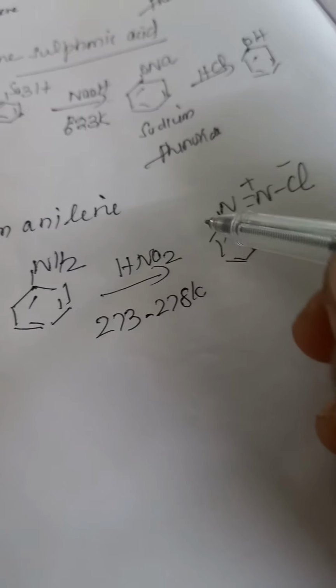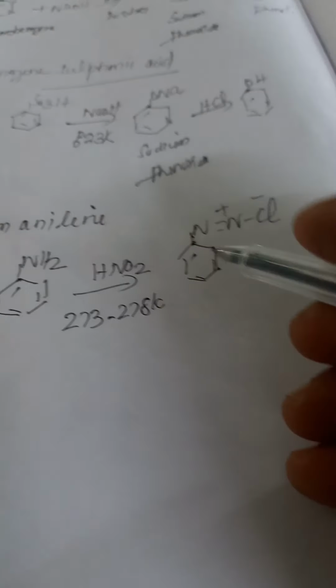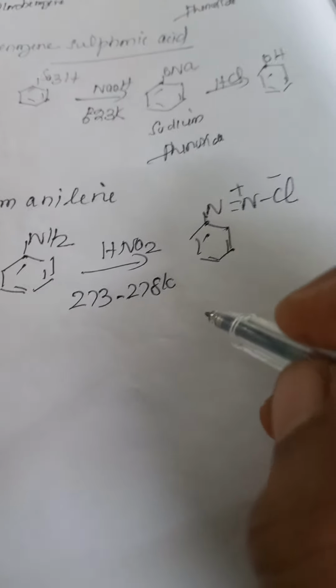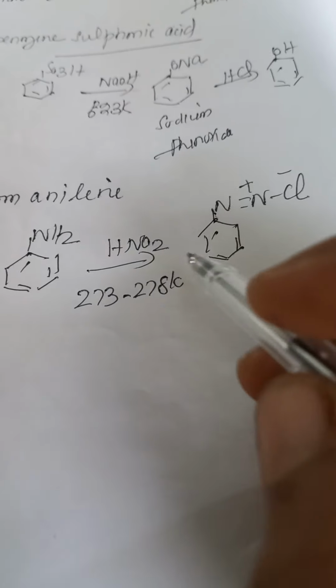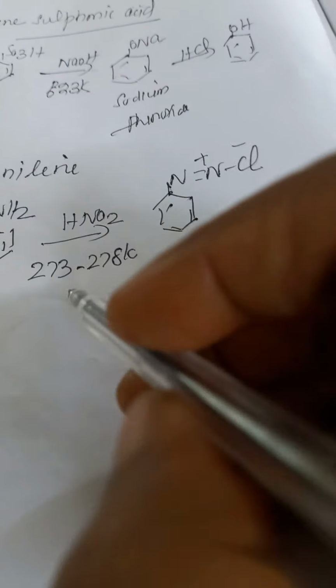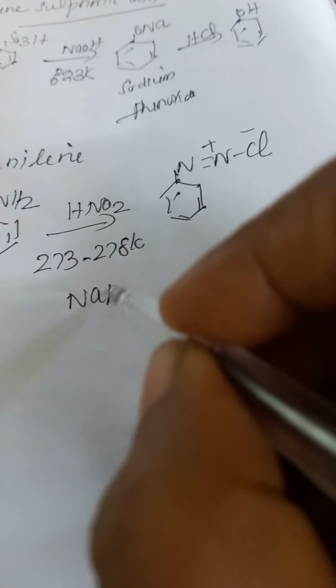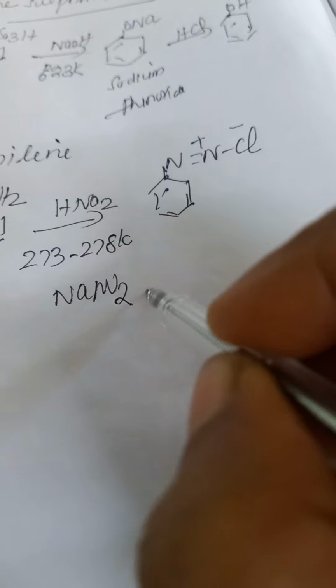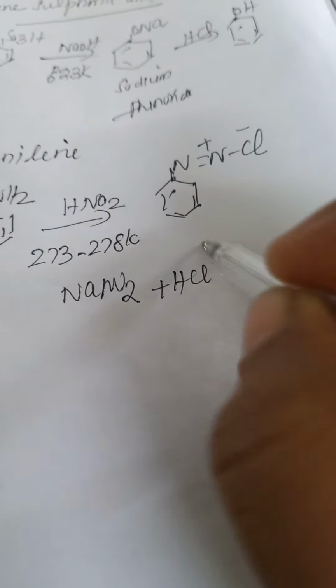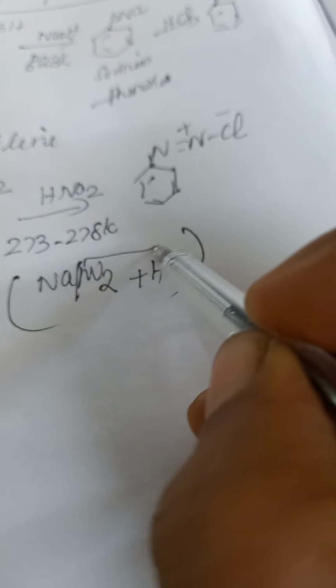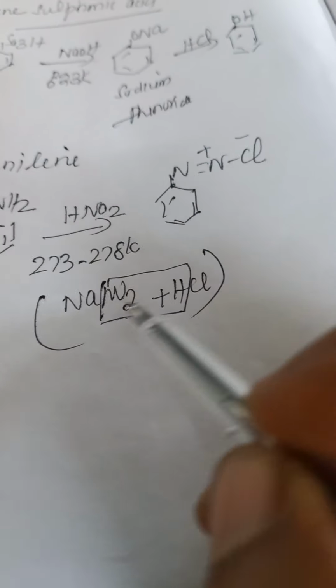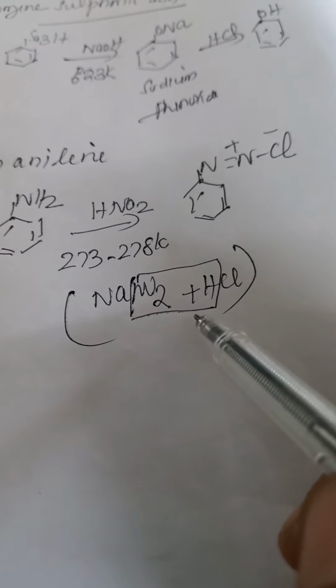This is benzene diazonium chloride we are getting. This nitrous acid is prepared from NaNO2, sodium nitrite, and HCl. HNO2 is prepared from this mixture.